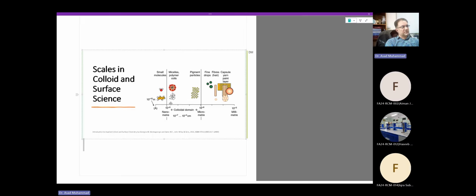So that's why the surfaces are important, because they are the first point of contact with the environment. And the energy of the surface is very much different from that of its bulk. This is also something that we know.